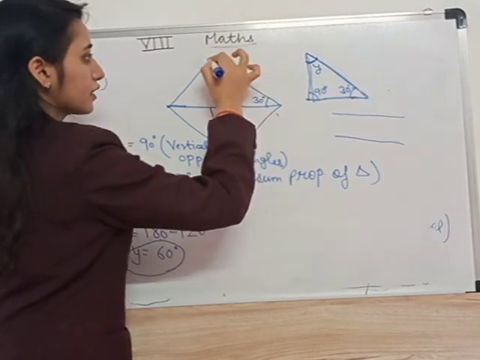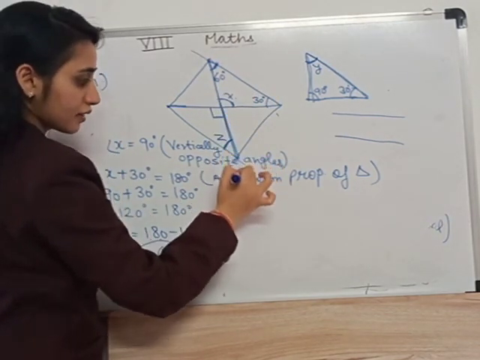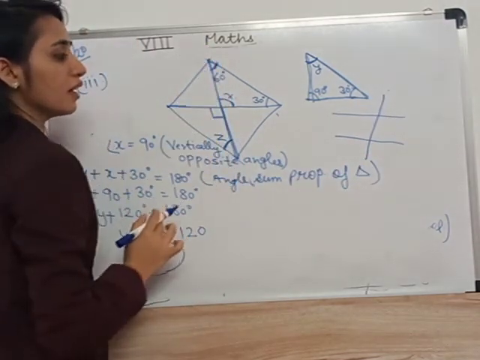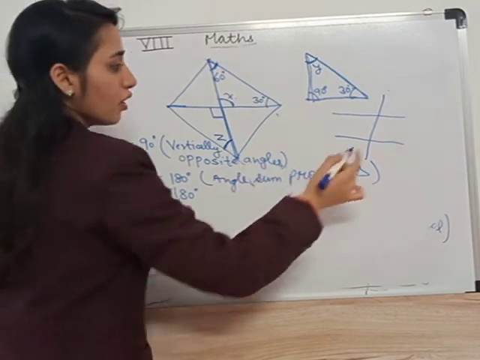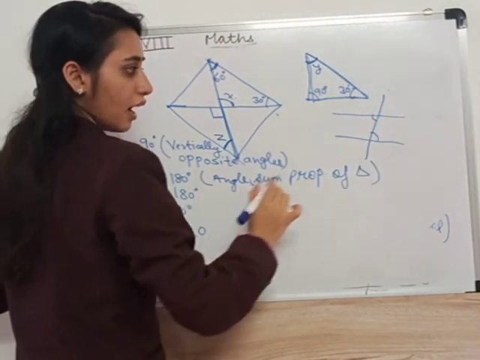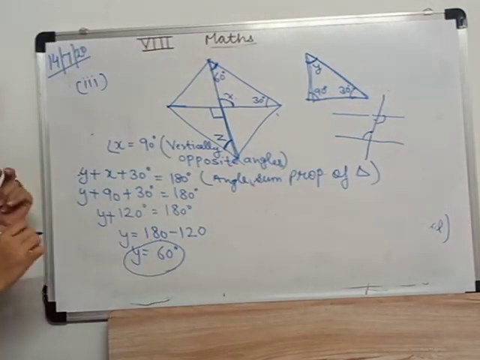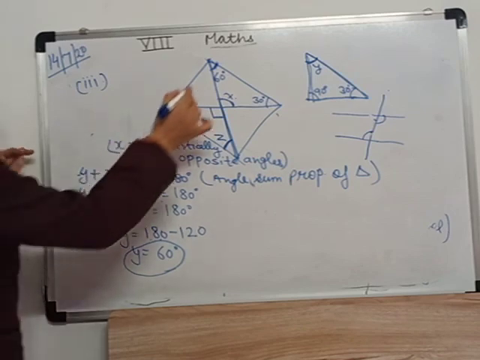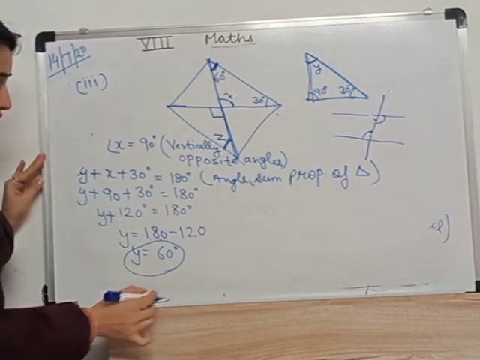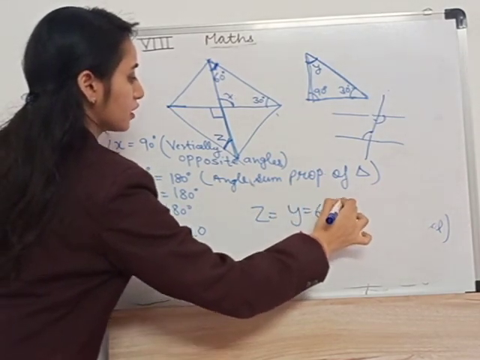When we extend these lines, these lines are parallel and this is the transversal line. A diagonal is like a transversal line. So this angle and this angle are alternate angles, also alternate interior angles. So 60 is equal to z, meaning z is equal to y. Angle z is equal to y, that is equal to 60 degrees.